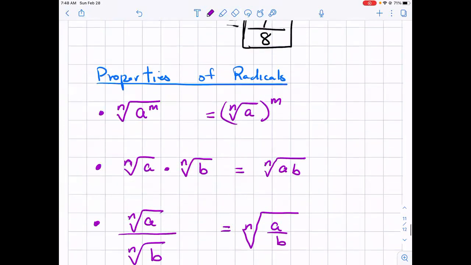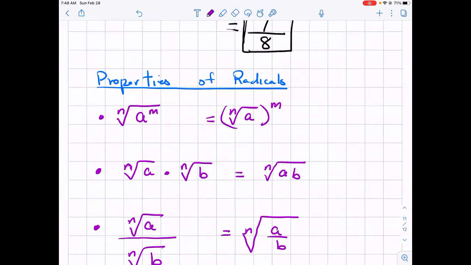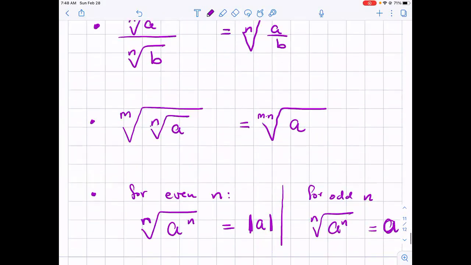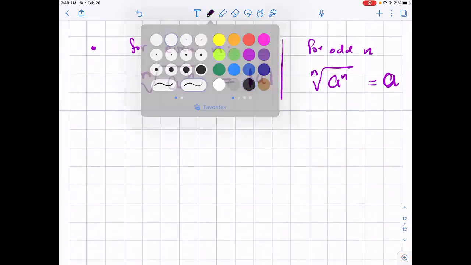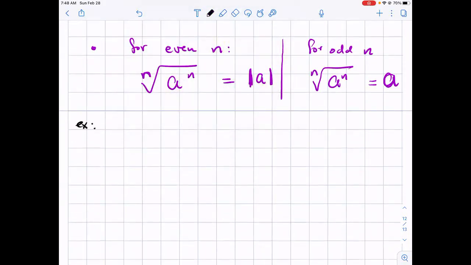So these are some properties that you will see a lot. So let's look at some examples now. Let's start off with easy examples. How about if I ask you to simplify the square root of 8 times the square root of 2.